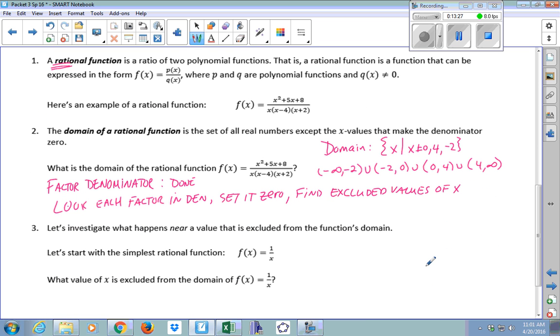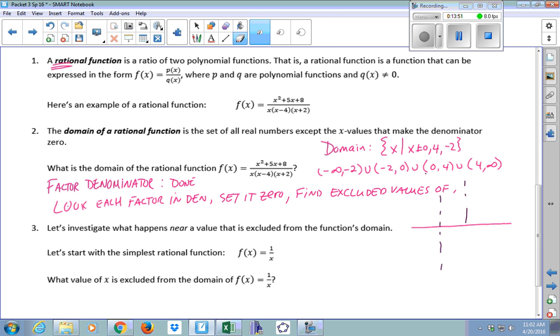All right. So we just found the domain for this rational function, which I'm not asking you to graph right now, but if you were to graph this, you would have a vertical asymptote that goes through -2.